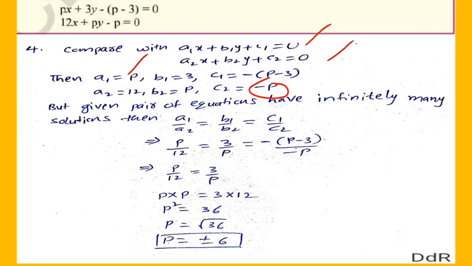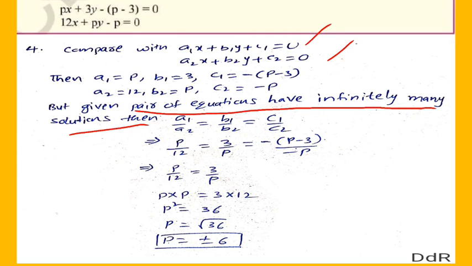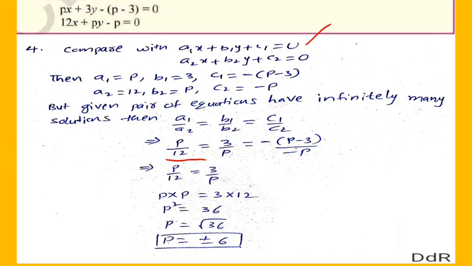Understand, children? Now the given pair of equations have infinitely many solutions, so we can use the condition a1 by a2 equals b1 by b2 equals c1 by c2. Substitute all coefficients here. a1 by a2 is p by 12, b1 by b2 is 3 by p, c1 by c2 is minus (p minus 3) divided by minus p.